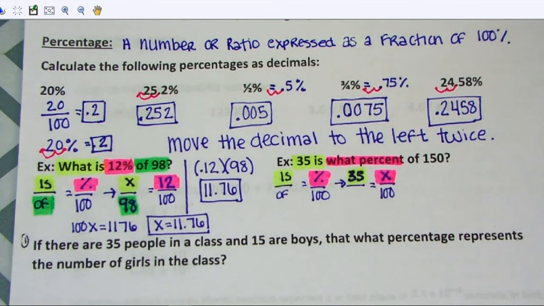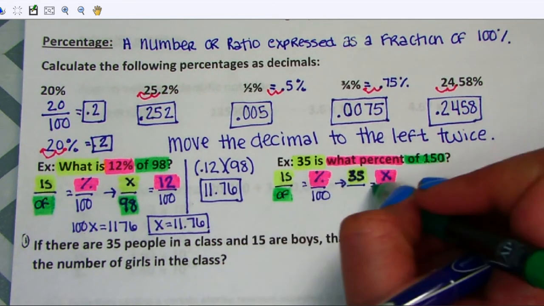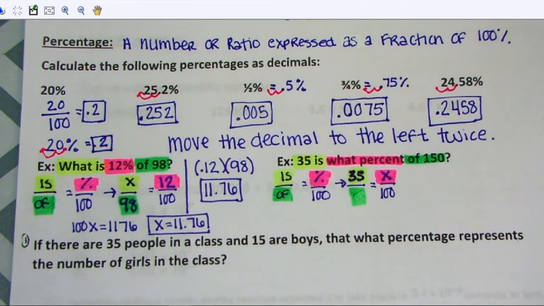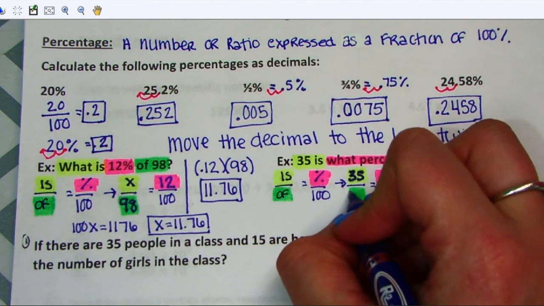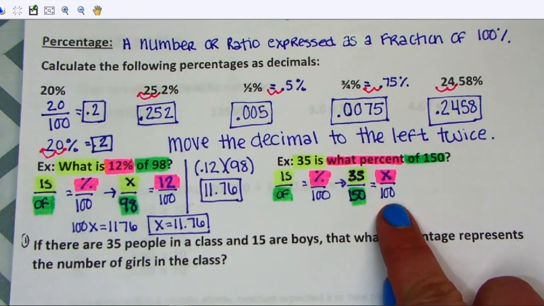We're trying to calculate it. And then on the bottom, the of portion, it says of 150. So where we see of in our fraction, we're going to substitute with 150. So the 100 is always going to be there. 100 is always there. And then you just piece apart the problem.